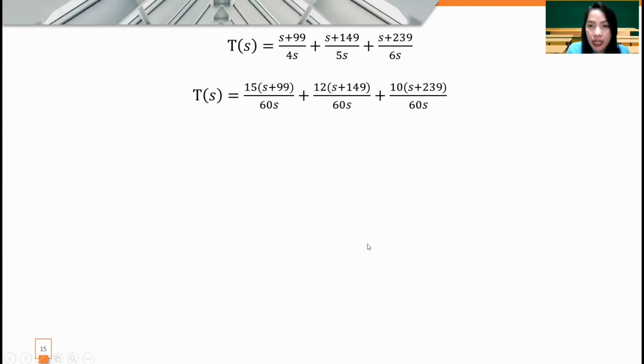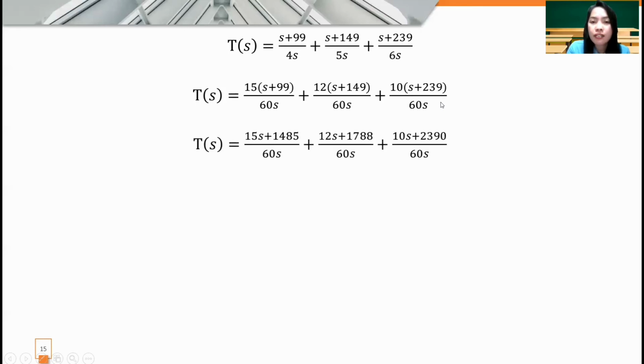So dito, pareho na yung denominator natin, which is 60s. So you have to simplify yung mga nasa numerator. 15 times s is 15s, 15 times 99 is 1,485. Plus 12 times s is 12s, 12 times 149 is 1,788. And in the third term, 10 times s is 10s, plus 10 times 239 is 2,390.